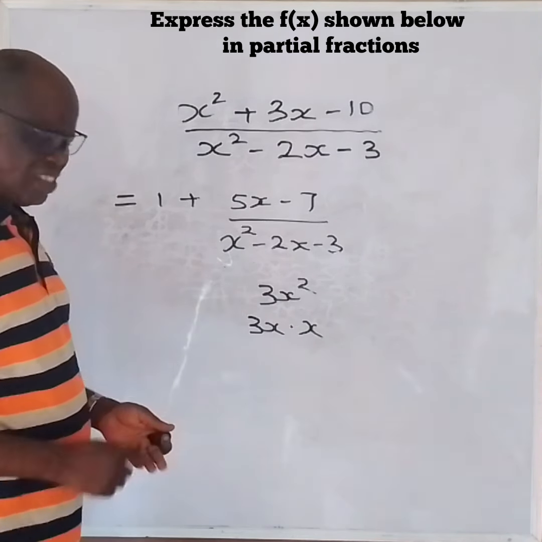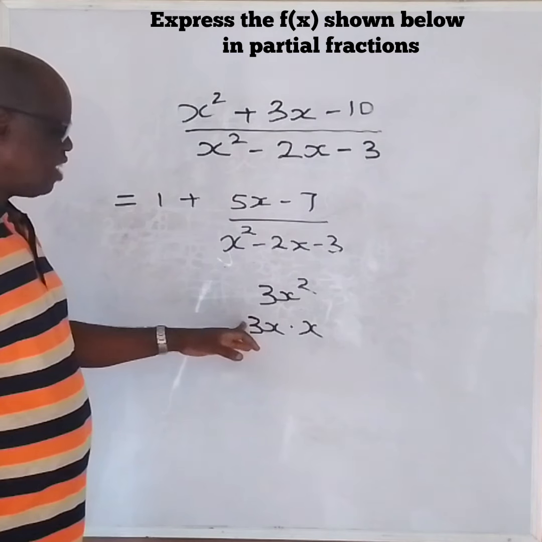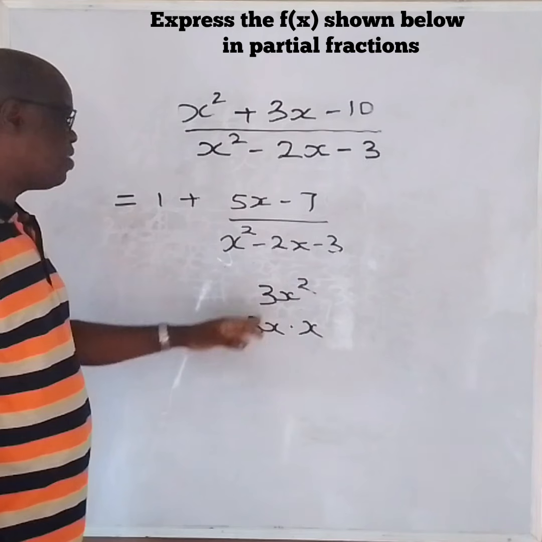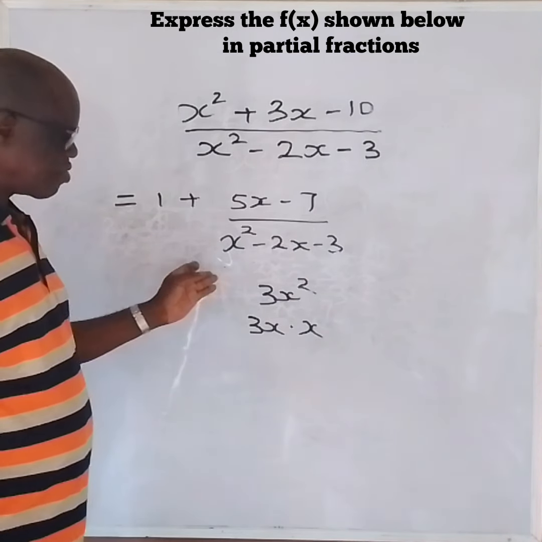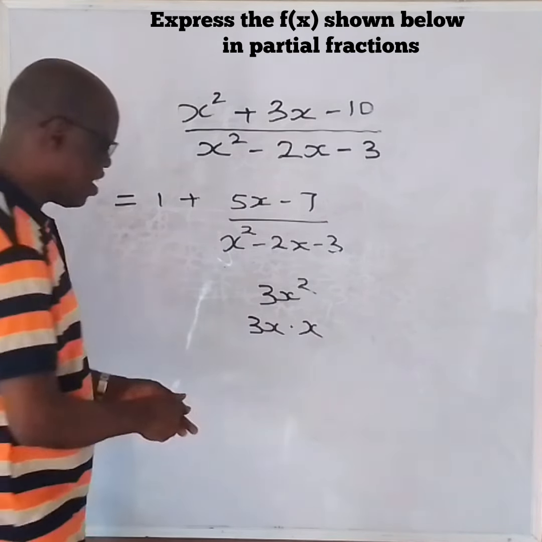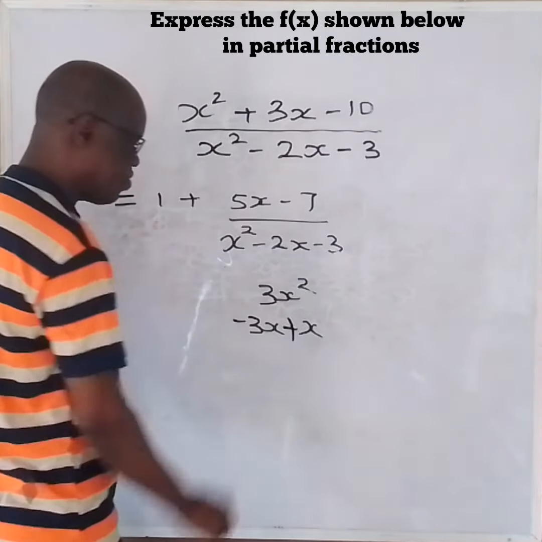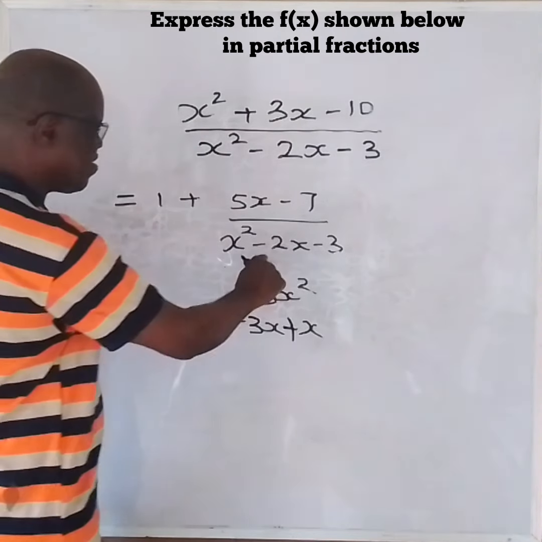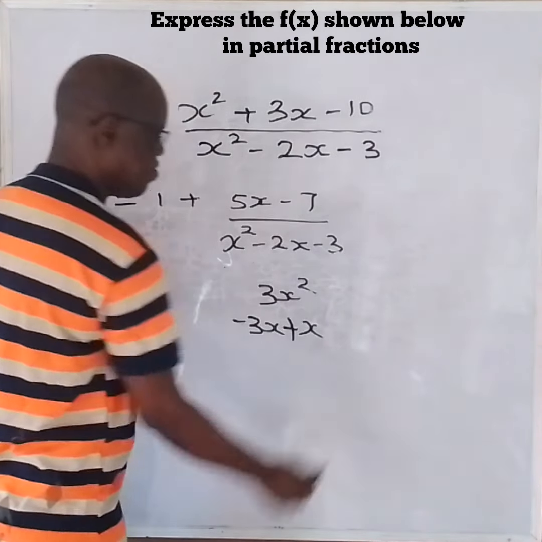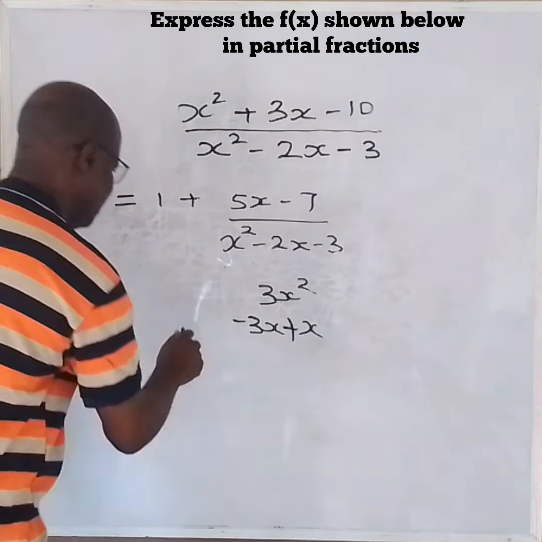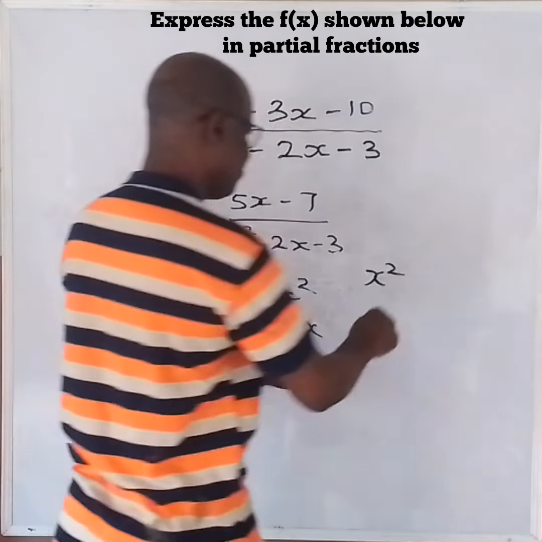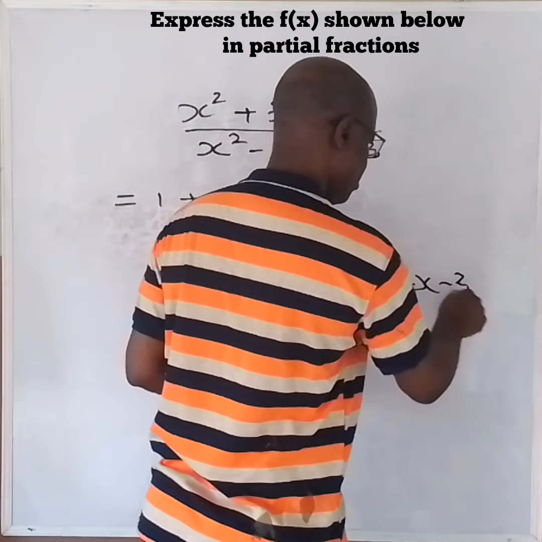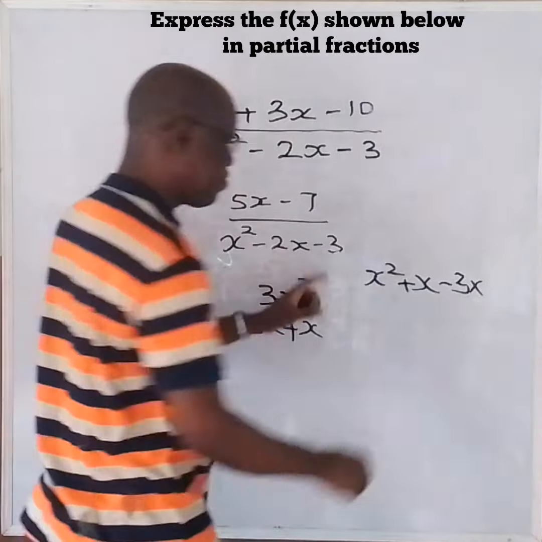Now you ask yourself this question: what can I do to 3x and x in such a way that if I add them or subtract them, they will give me minus 2x? So what I can do is just put plus here, then put minus here. So minus 3x plus x is minus 2x. So replace this minus 2x by all this. So let's do that. Let me use this first, plus x minus 3x, then minus 3.